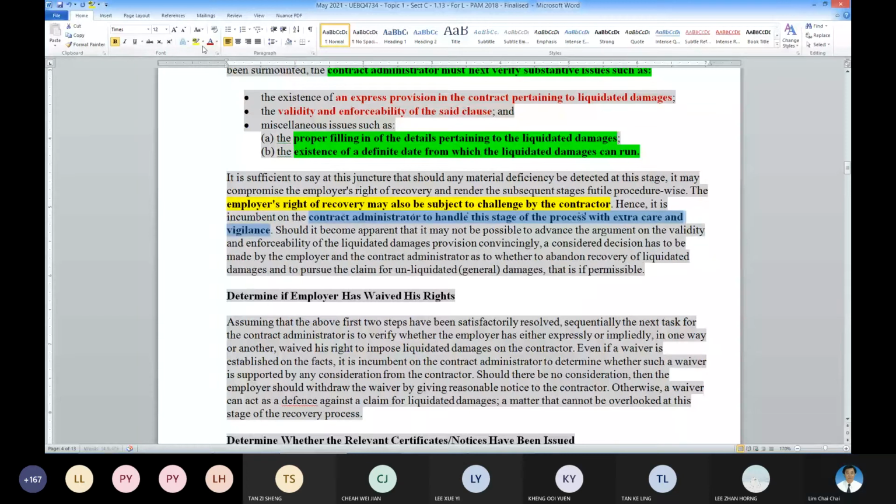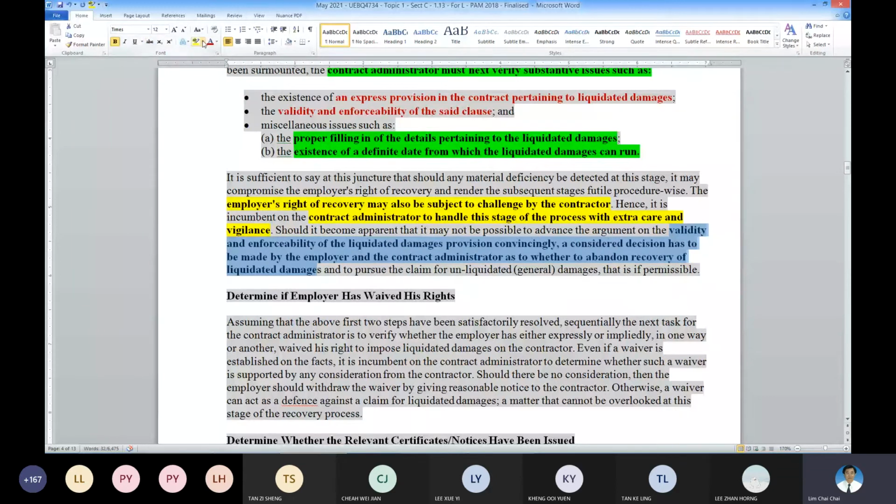So if it's the enforceability and the validity, then you find that you may have to drop the LD claim.